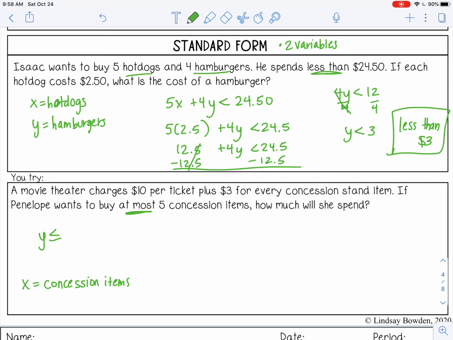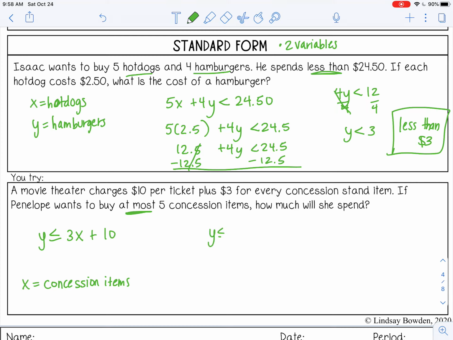So it's actually going to be this, 3 per concession item plus $10 a ticket. So she's only one person, she's only going to buy 1 ticket. But she wants to know how much she will spend if she buys 5 concession items at most. So be careful. Just because you see the word per does not mean that's always the rate of change. It depends on the problem and what the problem wants to know.